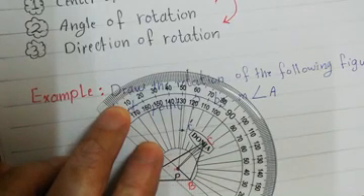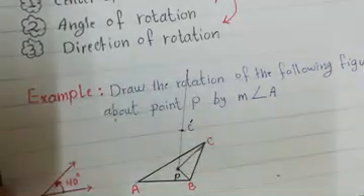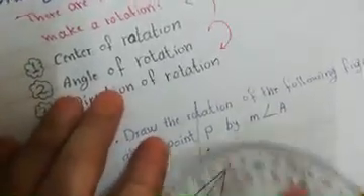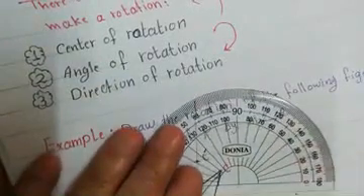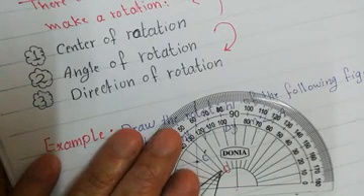Now start moving 40 degrees here, so I will put another mark. Then I will draw a line segment from the center of rotation to this mark.